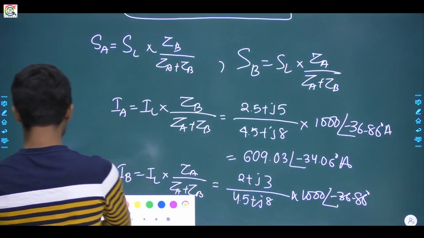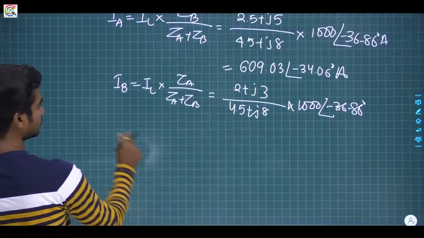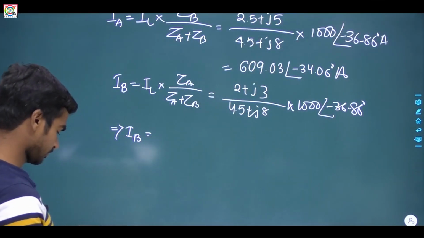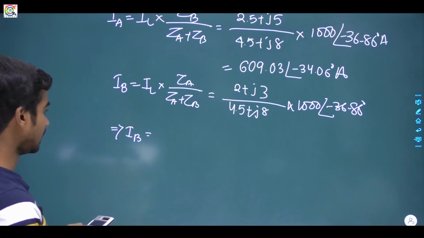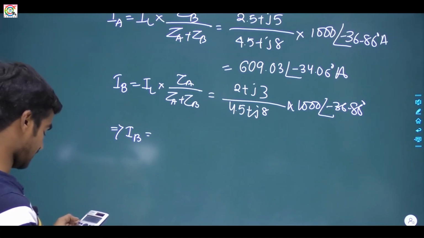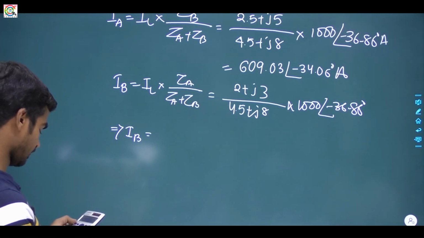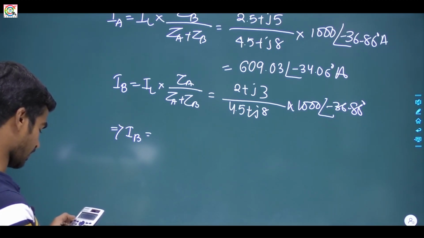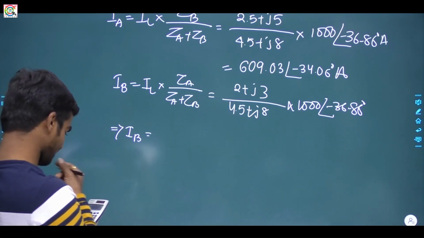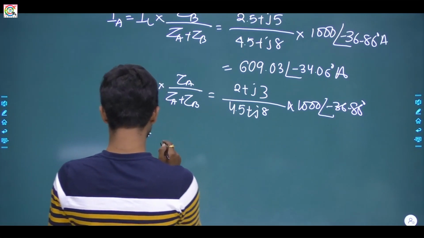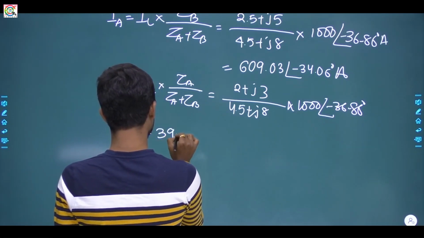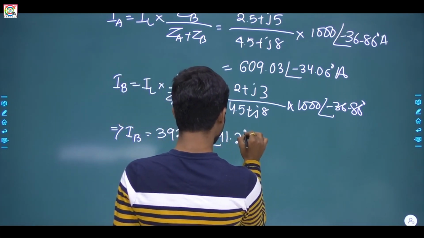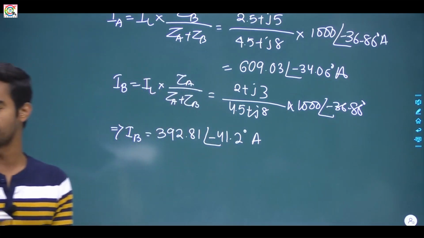Okay, do you understand? So what will the value of IB be? 2 plus j3 divided by 4.5 plus j8 into 1000, angle minus 36.86. Its value is 392.81, angle minus 41.2 ampere.